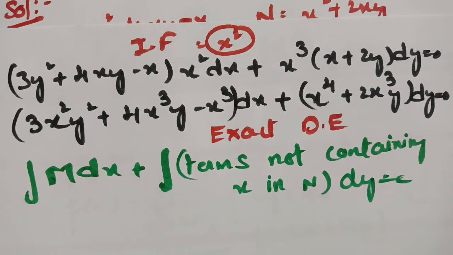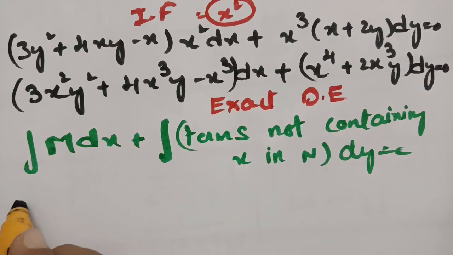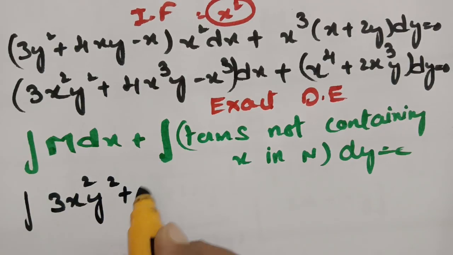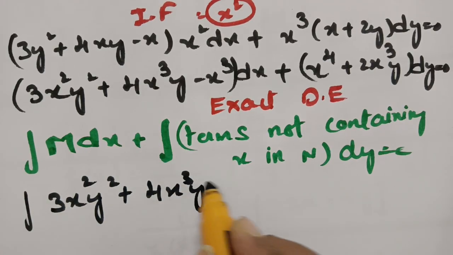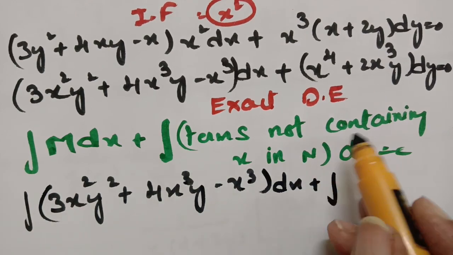See here, now what is m here? This is the m part here. So I am going to write integral m dx, that is 3x square y square plus 4x cube y minus x cube into dx, plus integral the terms not containing x.